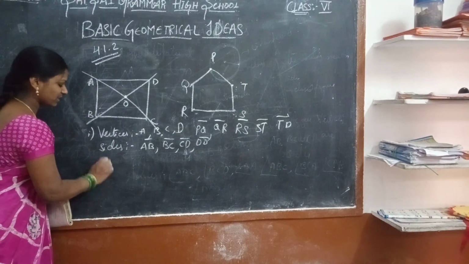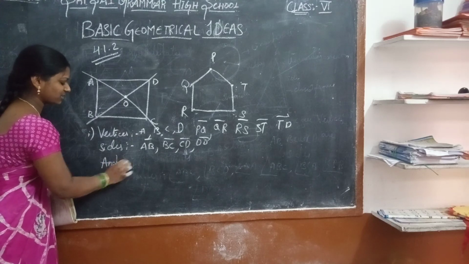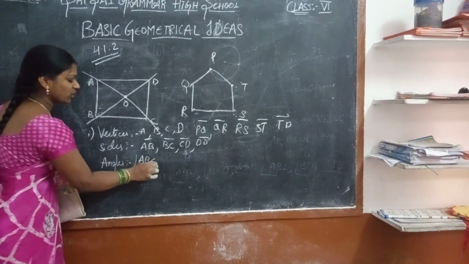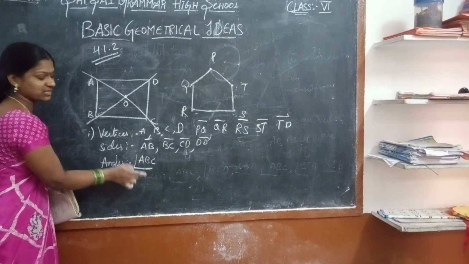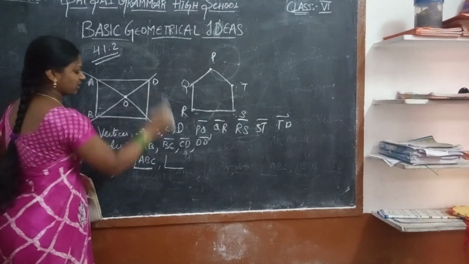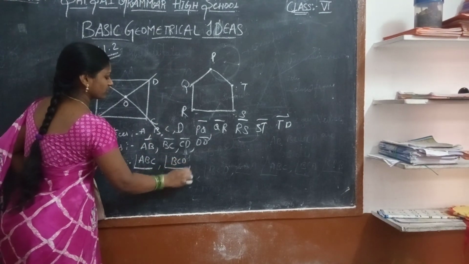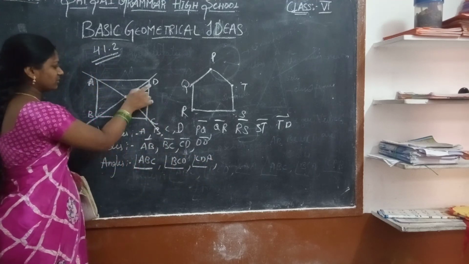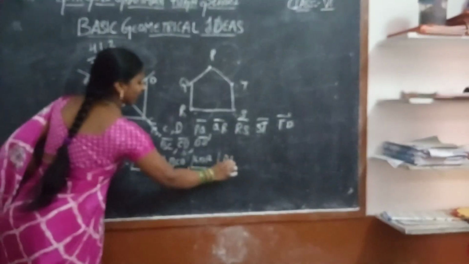And angles, how can you identify the angles? See, ABC is one angle. Everyone has to represent it with the angle symbol like this. ABC is one angle, BCD is one angle, CDA is one angle, and DAB is one angle.